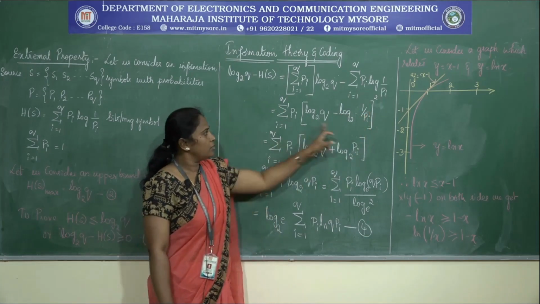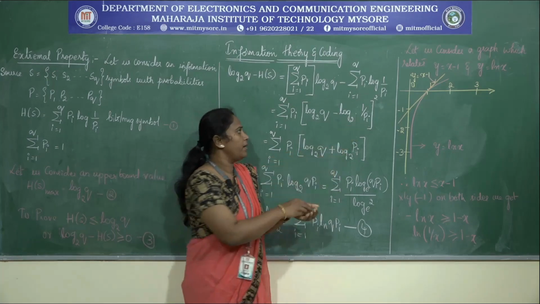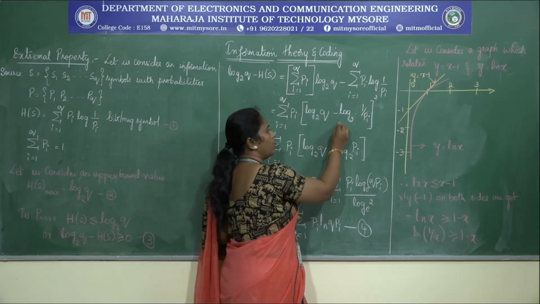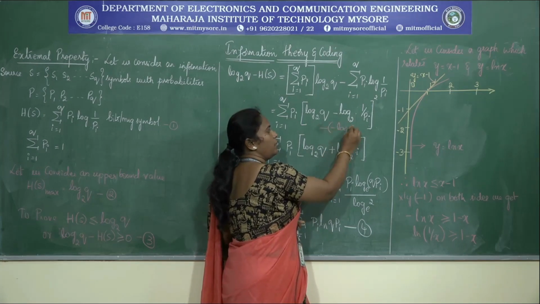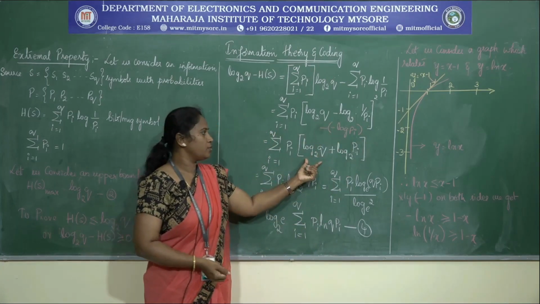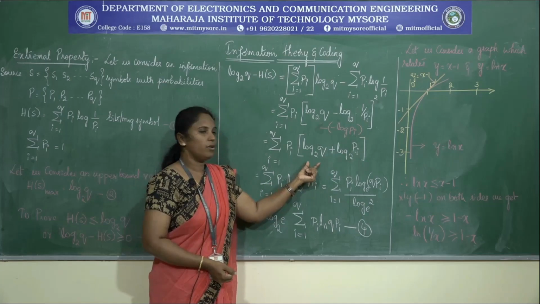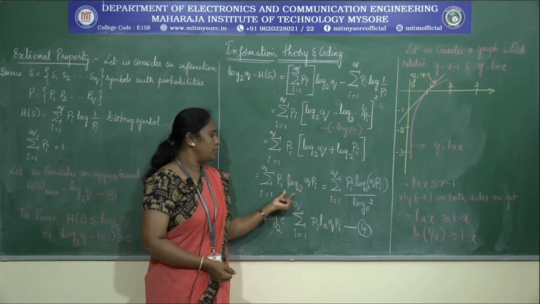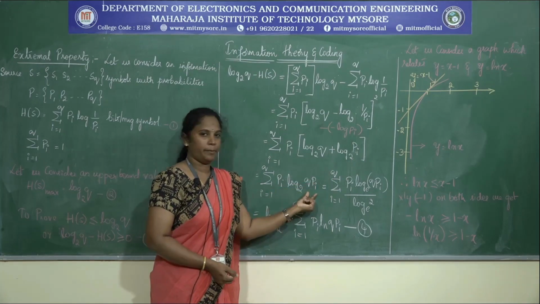This can be written as minus log base 2 of 1 by Pi, which is plus log Pi. Then this equation will be log base 2 of Q plus log base 2 of Pi, which is in the form of log A plus log B. Further your equation reduces to Pi log base 2 of Q into Pi.